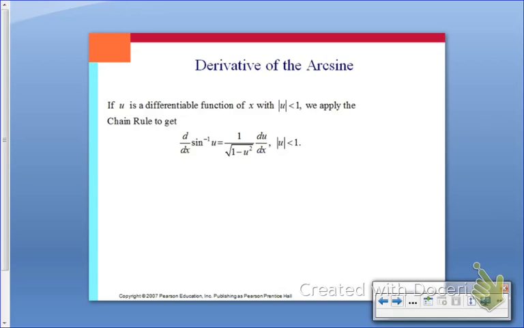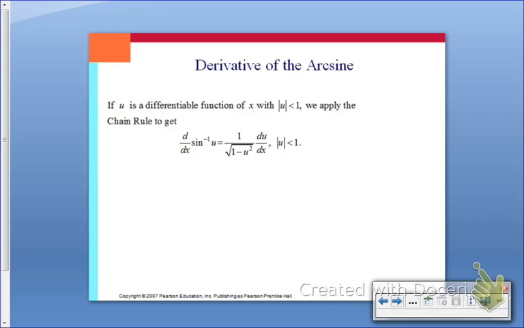For example, the derivative of inverse sine of x is simply 1 over square root of 1 minus x squared. It's a formula to memorize. In u, a u stands for a quantity. So if it were something like inverse sine of x squared rather than just x, we would still substitute in the value in place of u.